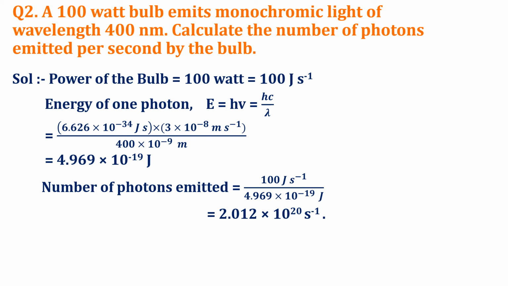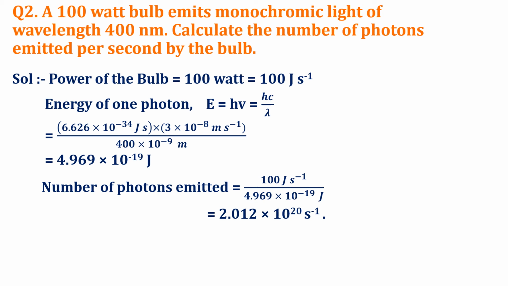After substituting the values, h is Planck's constant, c is also a constant, 3 into 10 to the power 8 meter per second, and we divide by the wavelength given to us, 400 nanometers. We can write it in terms of meters, 400 into 10 to the power minus 9 meters.